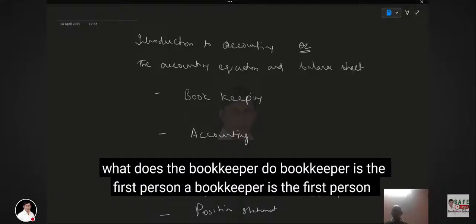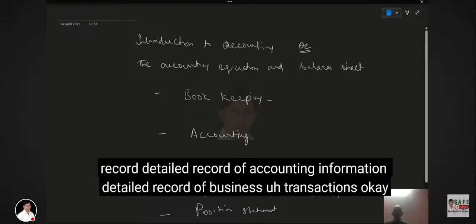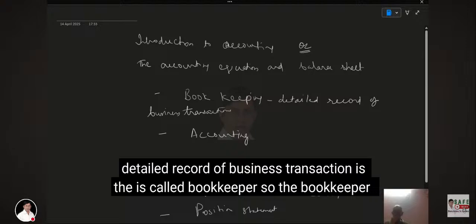So what does the bookkeeper do? The bookkeeper is the first person who records the transaction from the source. He makes a detailed record of accounting information, a detailed record of business transactions. That is called bookkeeping.